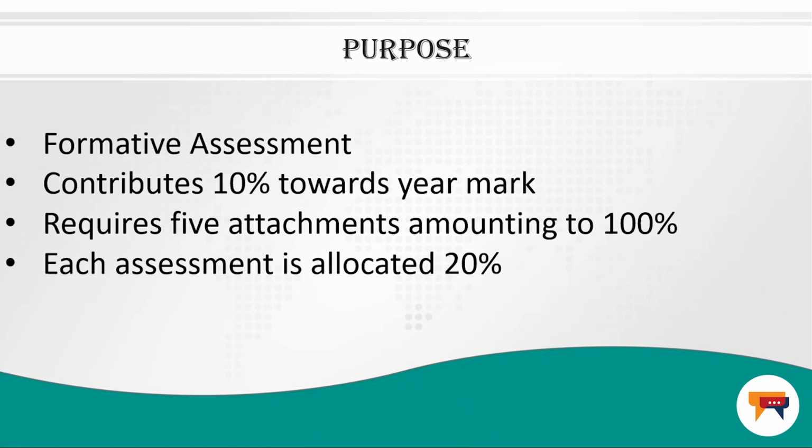So if you only have 1 attachment on your assessment, it means you're going to get 20%. If you have 2, it's going to be 40%. Don't come back and say, I submitted and there are attachments, and I'm surprised why I didn't get 100%. This is one assignment where you can score the whole 100%.